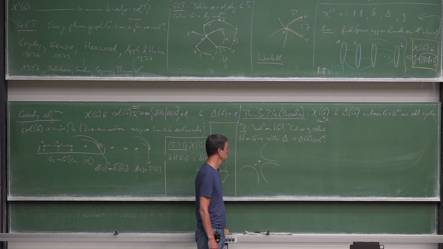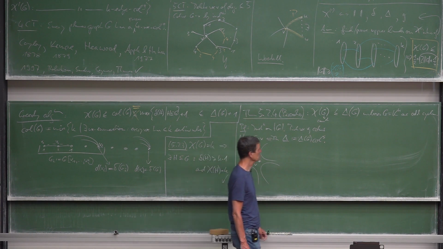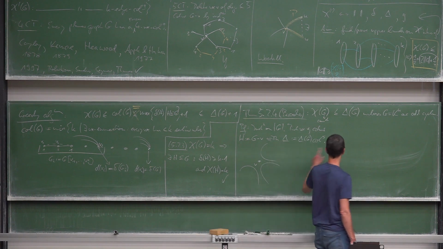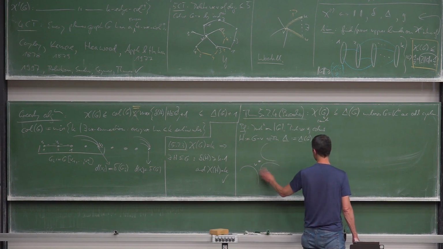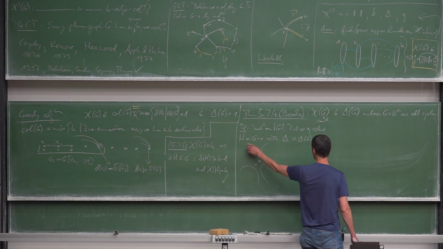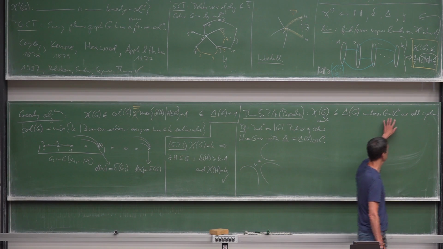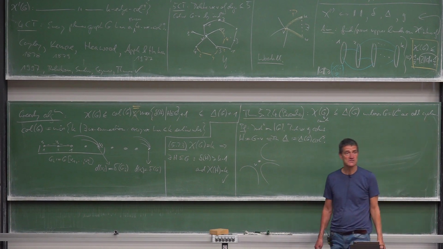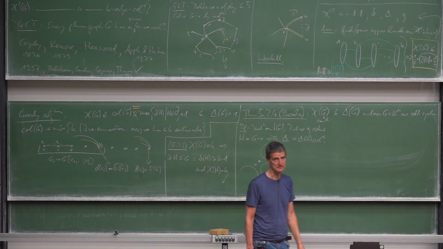What else could go wrong? Well, if we want to apply the induction hypothesis now to these components, not to G minus v itself, it might happen that we're not allowed to because they're an odd cycle or a complete graph.